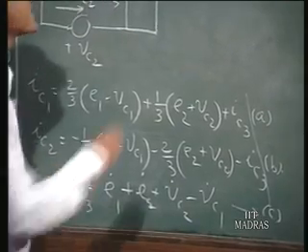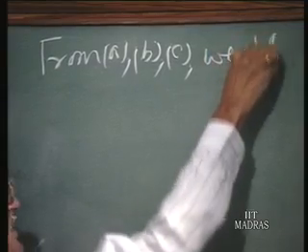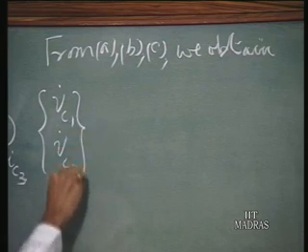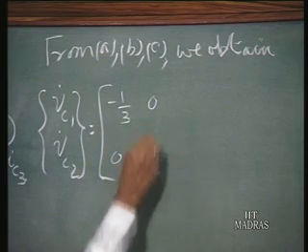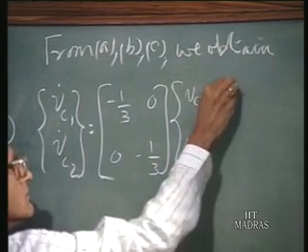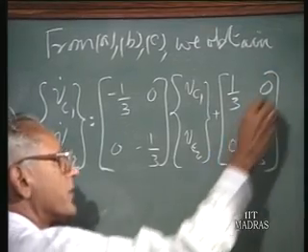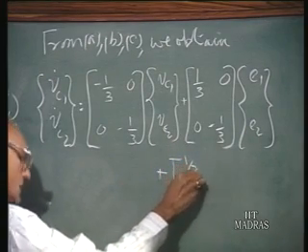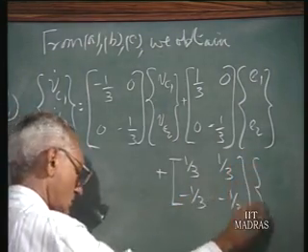Working this out, from A, B and C we can obtain the derivative of the state vector, Vc1 dot, Vc2 dot, equals the matrix minus 1/3, 0, 0, minus 1/3 times Vc1, Vc2, plus the matrix 1/3, 0, 0, minus 1/3 times E1, E2, plus a new matrix 1/3, 1/3, minus 1/3, minus 1/3 times E1 dot, E2 dot.